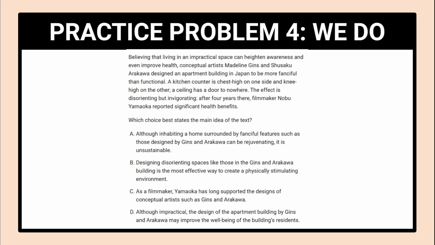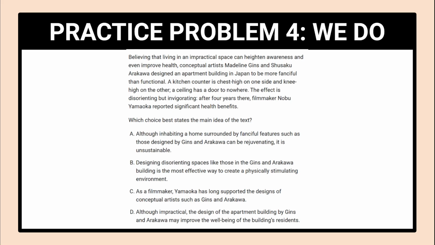This one is correct because it is telling us the main idea of the text as accurately as possible, more accurately than the others. According to the text, Jins and Arka have designed the apartment building that is disorienting because of the unconventional elements, such as uneven kitchen counter and a door to nowhere.